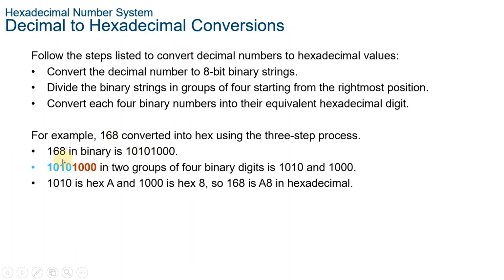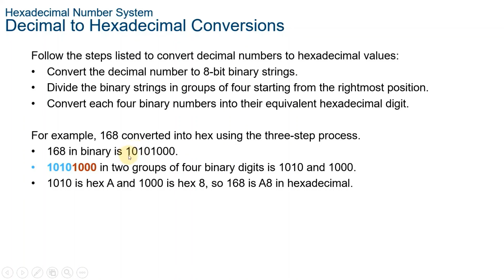So first, 168 in binary is equivalent to 1010 1000. Again, using the positional values we've got here, 1, 2, 4, 8, 16, 32, 64, and 128.